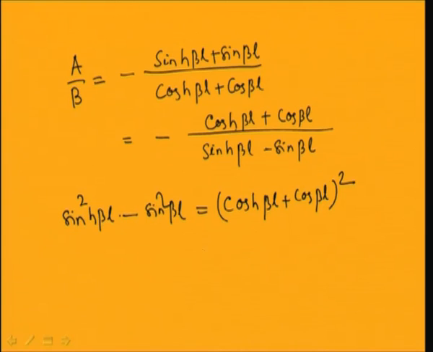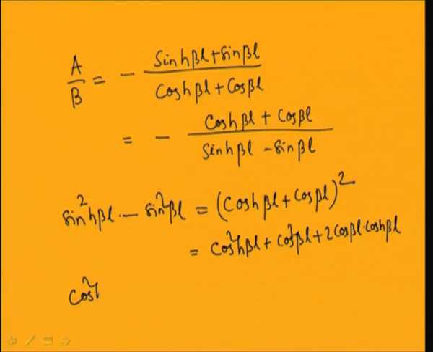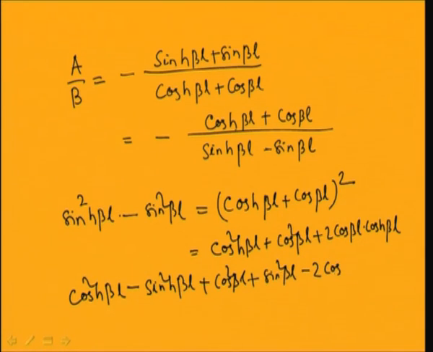Now expanding this, you can write cos square hyperbolic beta L plus cos square beta L plus 2 cos beta L into cos hyperbolic beta L. Rearranging this, I take this to the right side: cos square hyperbolic beta L minus sin square hyperbolic beta L plus cos square beta L plus sin square beta L plus 2 cos beta L into cos hyperbolic beta L equals 0.